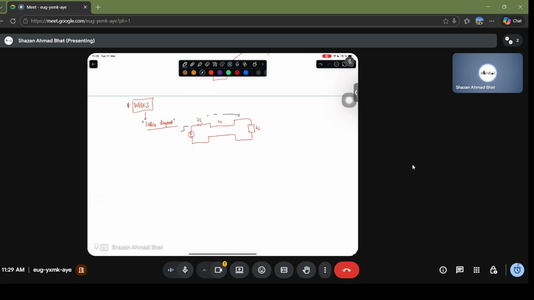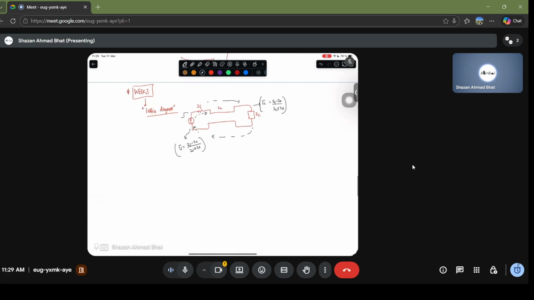At this end, there will be a reflection coefficient associated, which is ZL minus Z0 divided by ZL plus Z0. There will be reflection of the waves reaching the source again, and then there will be reflections from the source towards the load again, and the reflection coefficient from the source end will be Zs minus Z0 divided by Zs plus Z0. So you talk about the load reflection coefficient and the source reflection coefficient.